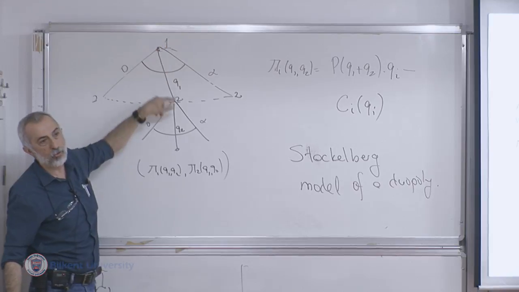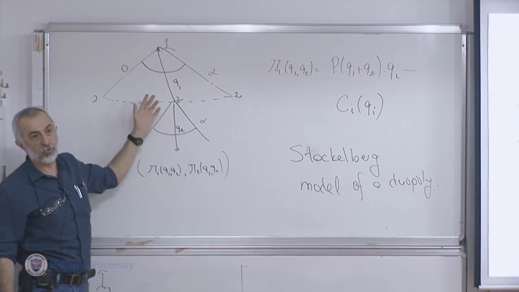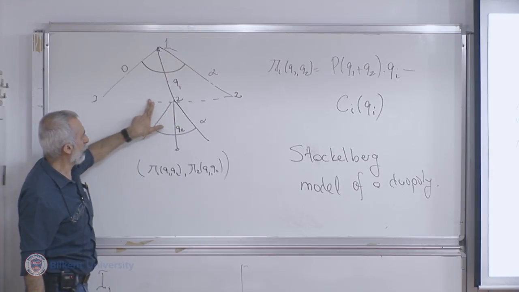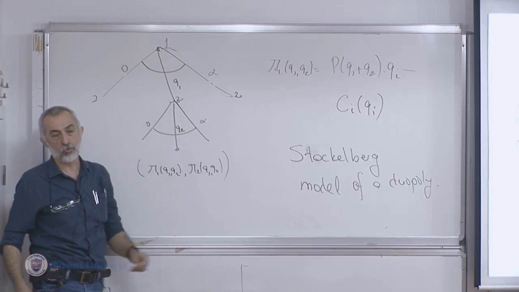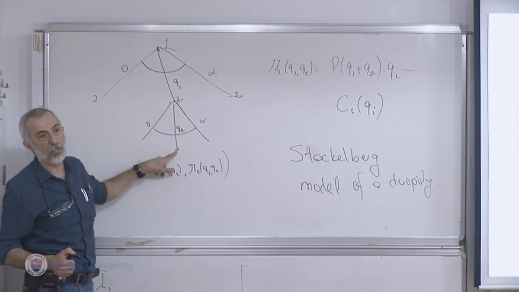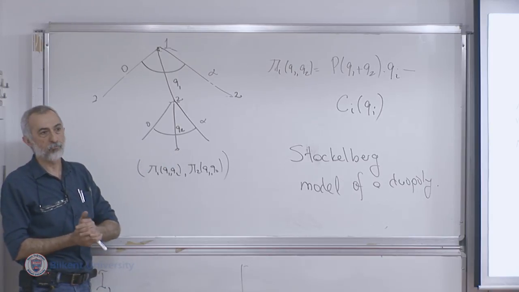Firm 1 does not know the action of firm 2, and firm 2 does not know the action of firm 1. So that would be turned into Cournot's duopoly. But that's not the case. We assume that firm 2 observes the action of firm 1 before firm 2 takes an action. Any questions?